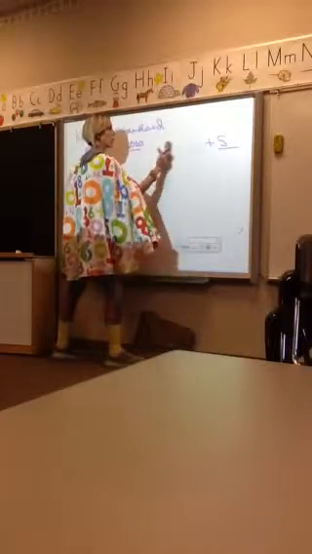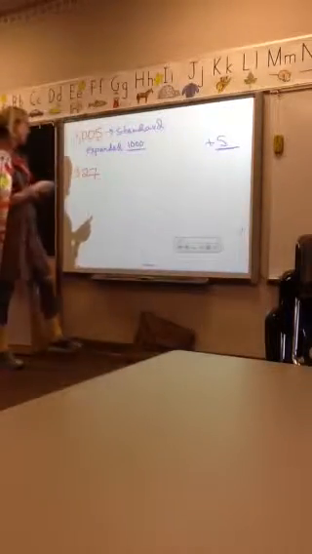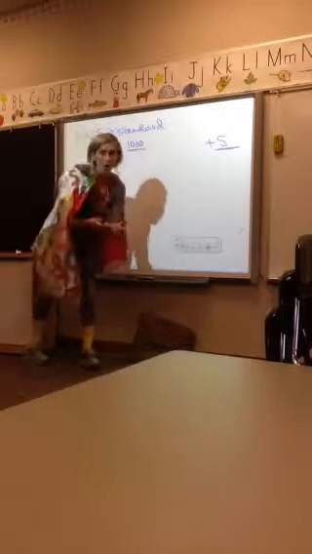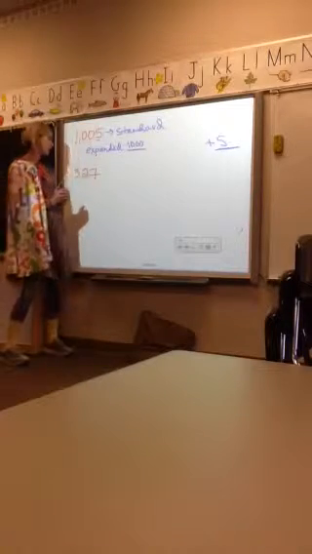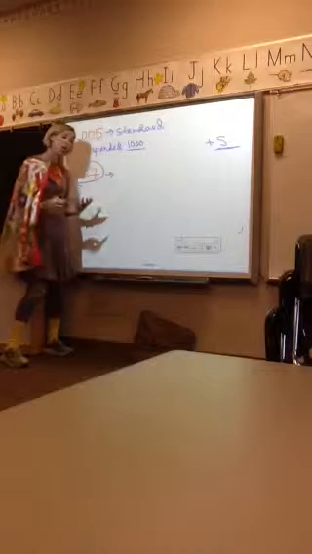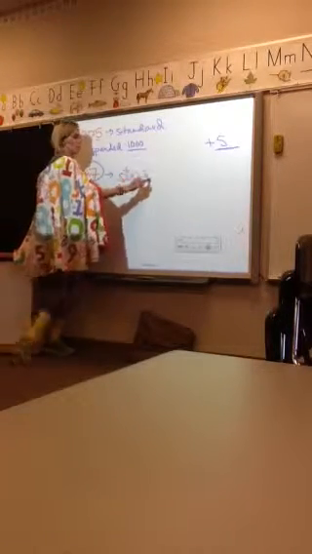So I'm going to erase this middle chunk, and my expanded form is just 1,000 plus 5. Done. And word form, I'm not going to write it out for you, but it would just be 1,000, comma, 5. All right, then the other one to try, this number here, this is standard.